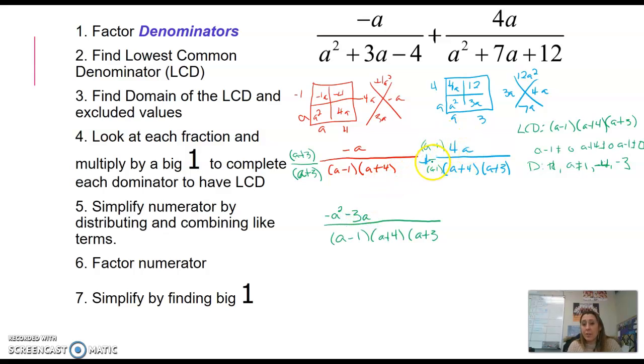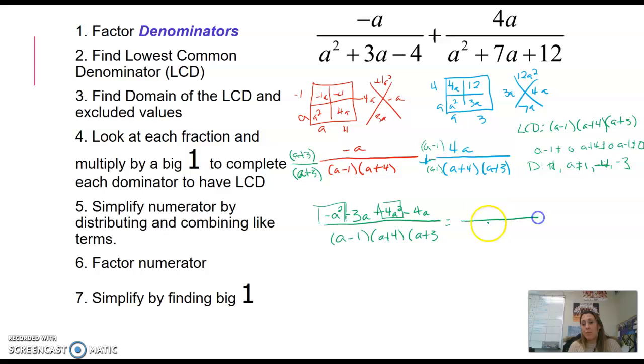And then I've got to do this one. So I have positive 4, so the plus sign, 4a times a, which is plus 4a squared. And then 4a times negative 1 is a minus 4a. And then I just need to combine like terms. So I've got this a squared right here, and this 4a squared.